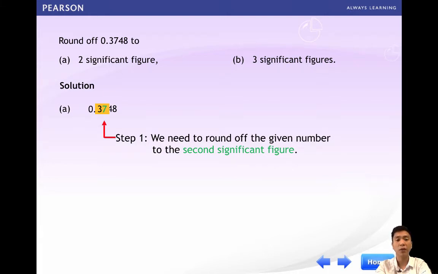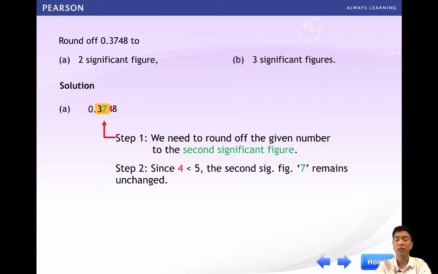The next digit is less than 5, so the 7 remains unchanged. If we round off this number to 2 significant figures, we have 0.37. We don't need to write down 0 for the next few digits because they are not important. So we just write down 0.37 as the answer, corrected to two significant figures.